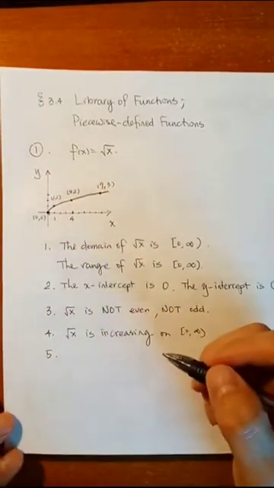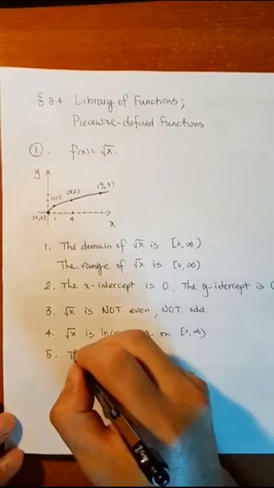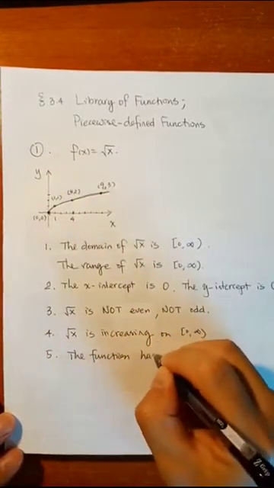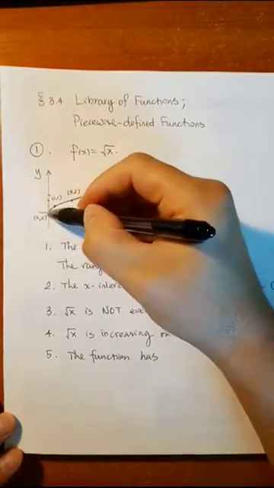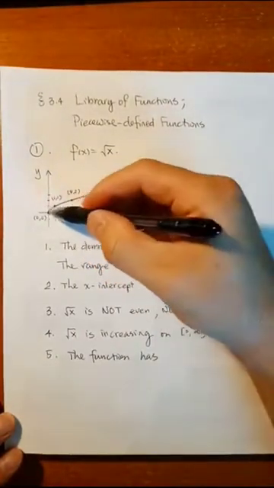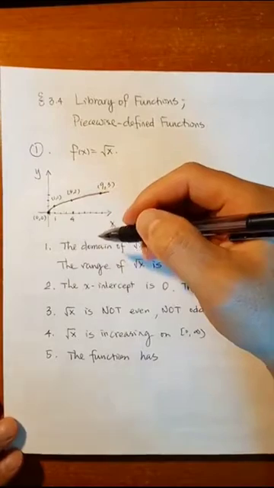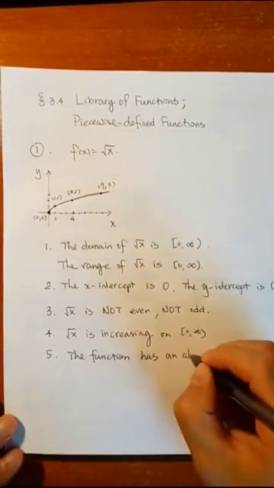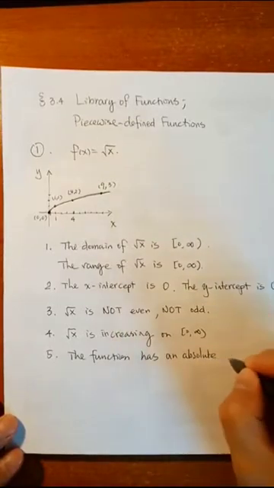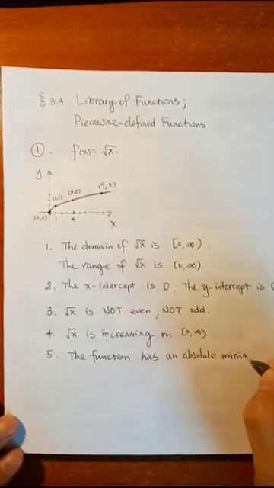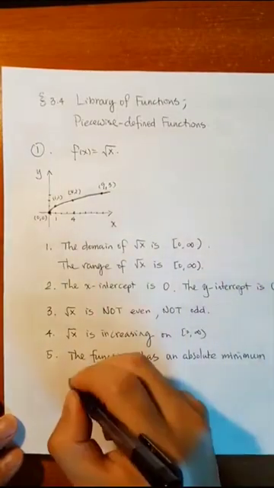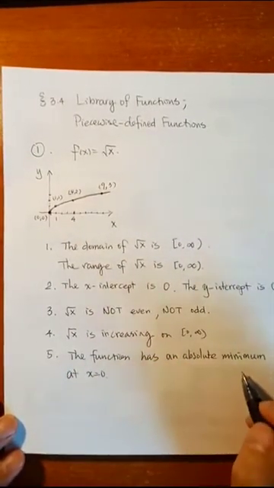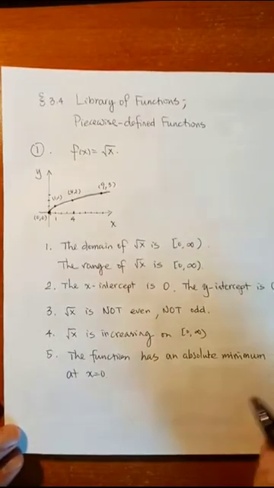5, the function has a lowest point. You see, this point, it is the lowest point. The lowest point gave us the absolute minimum. It has an absolute minimum at x equal to 0. The absolute minimum value is also 0.